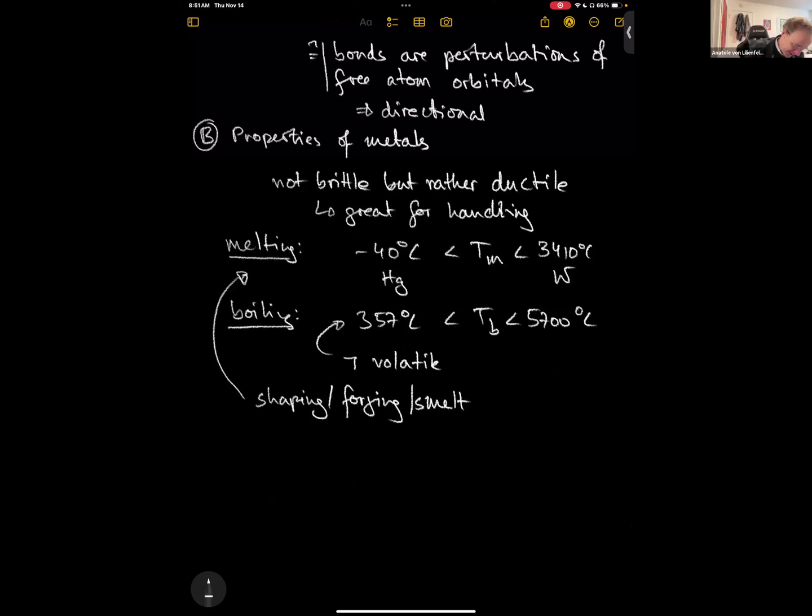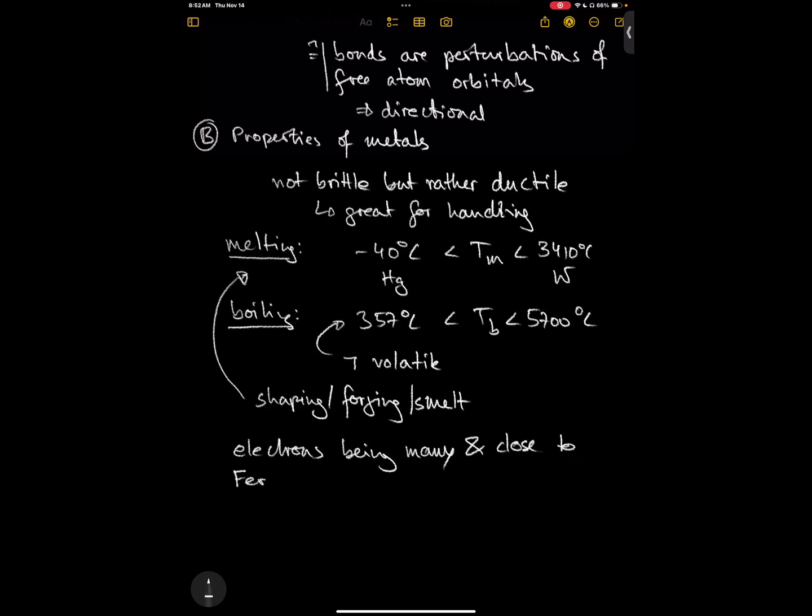Because of the electrons being many and close to the point where they would become conducting, also known as the Fermi level, because of that, we have high electric conductivity.